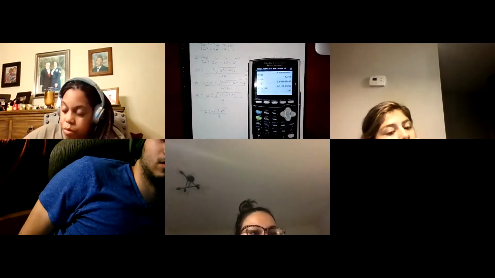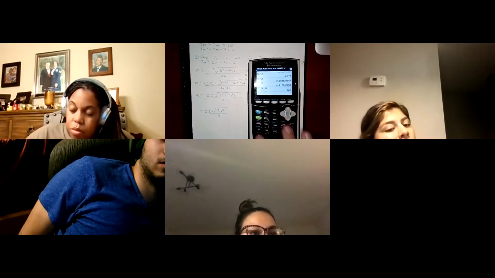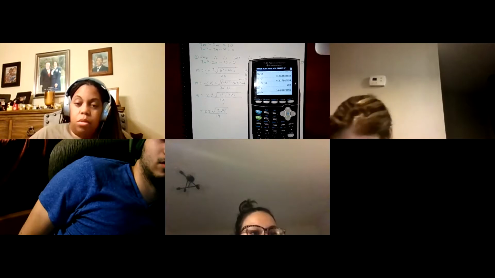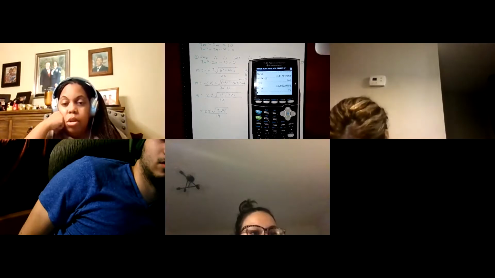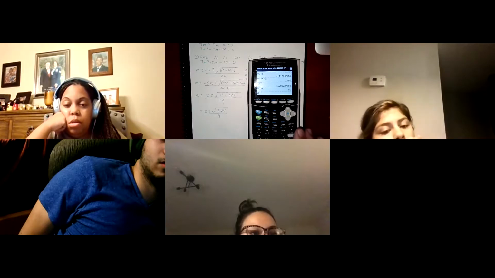Now, I doubt that's a perfect square, but we can hope. Nope. So to reduce a square root, we said we need to find squared factors. So just cycle through squared numbers. So 4 works. Okay. Pretty sure that's the only one we're going to use. 9 is too big. 16, nope.